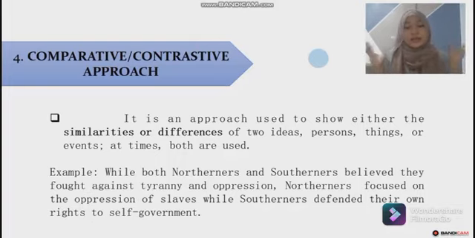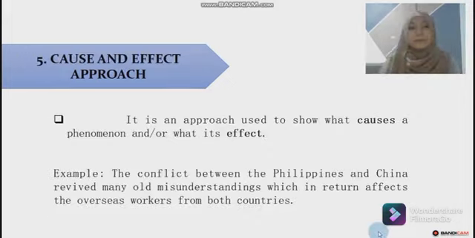So yes, they have different ideas, and those are their differences with one another, while their similarities are filled out in the middle part, which is that they fought against tyranny and oppression.